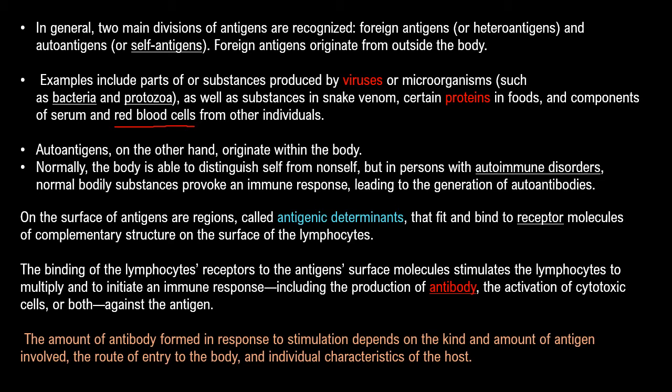Will the same kind or amount of immune response be generated for all kinds of antigens? No, that is wrong. The immune response stimulated by each type of antigen is different, depending on the type, amount, or dose of the antigen.